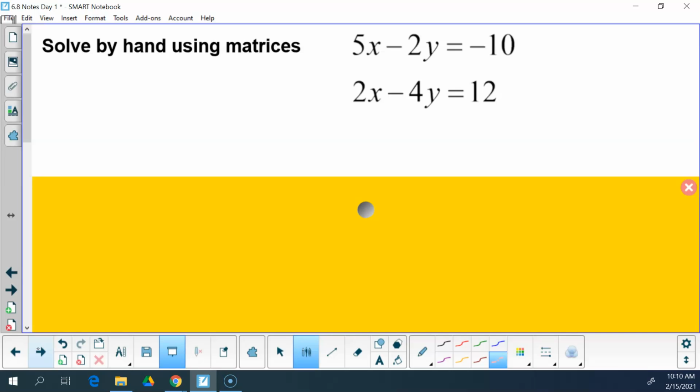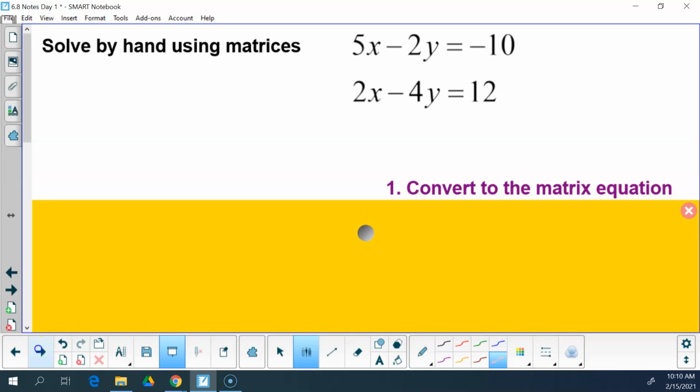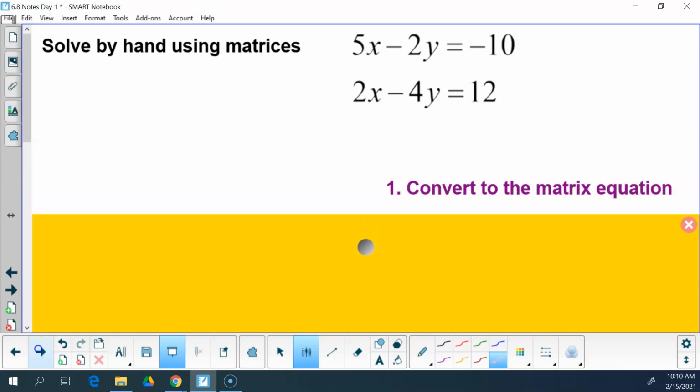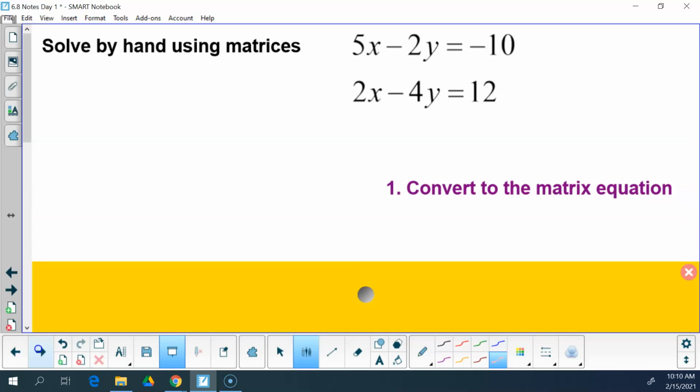Okay. Then, the very first thing that we would do after we get done writing down that system is we are going to convert our system of equations into a matrix equation. And how that's going to go is we are going to have a 2 by 2 matrix, and that matrix is going to be the coefficients in order just like they were.